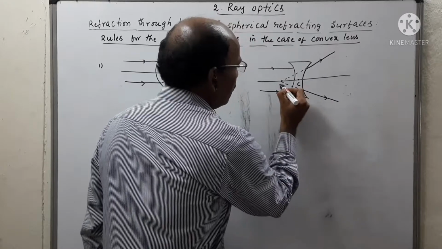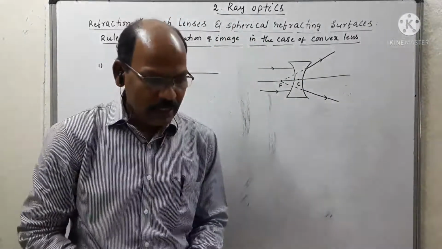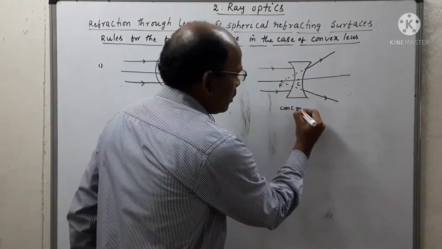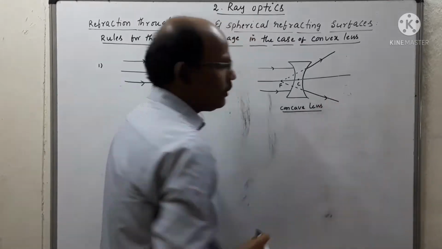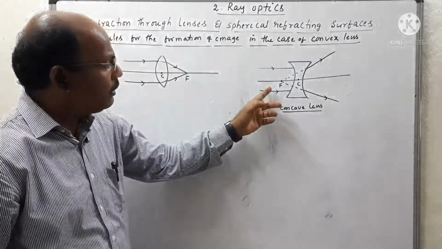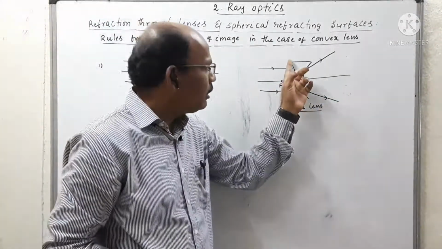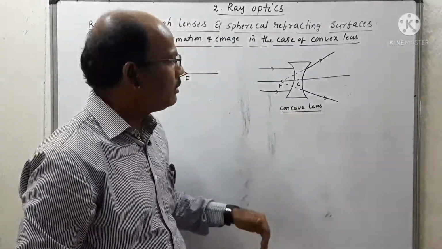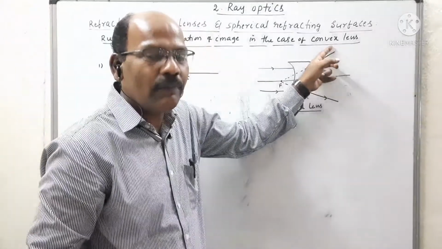So this is the focus. Now in the case of the concave lens, here we are observing that when the rays which are parallel to the principal axis strike the surface of the concave lens, the rays diverge after refraction.